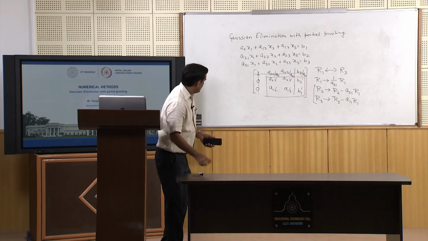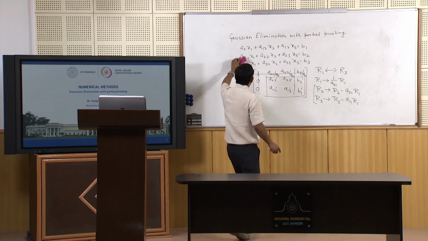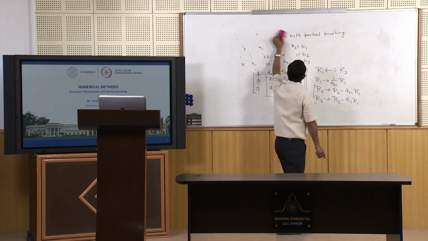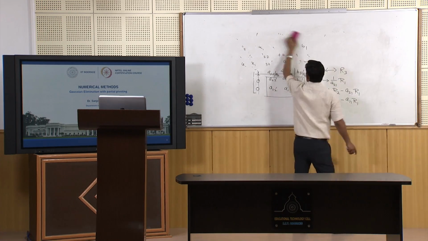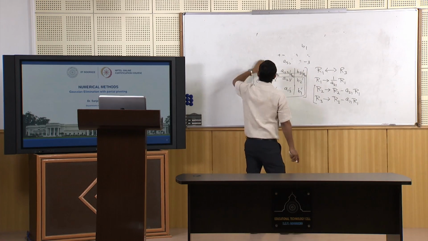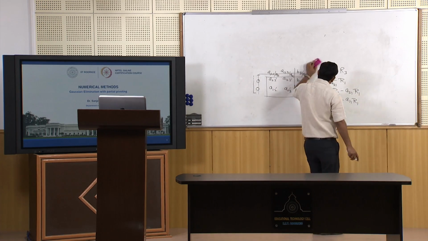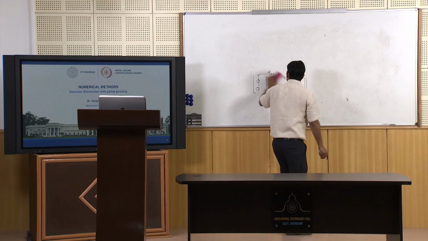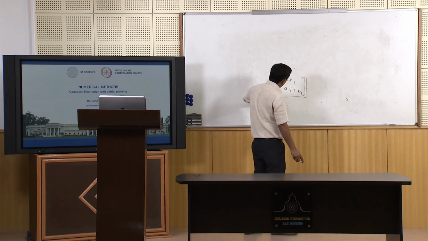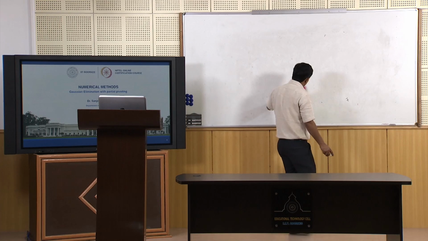So, let us take an example which has two equations and two unknowns. So, a very small example, and then we will see that this particular example is an example of an ill conditioned system.